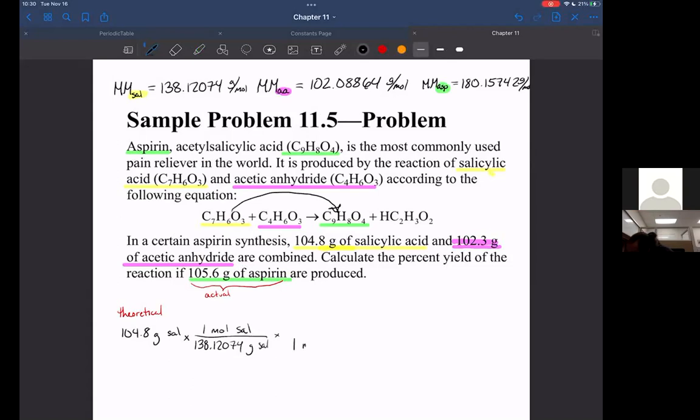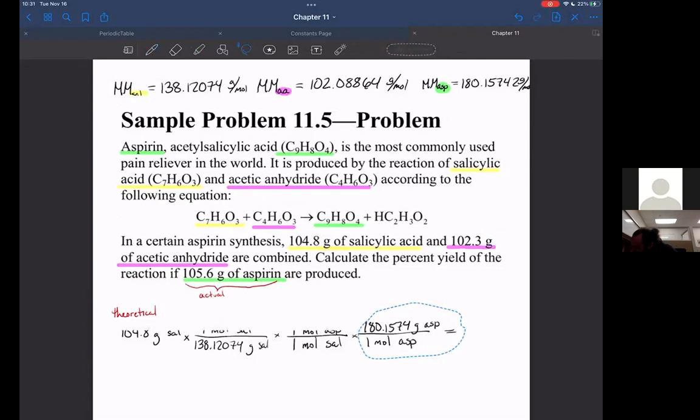So we have a 1-to-1 ratio. And then I'm going to have to compare it to my actual yield, which is in grams. So I'm going to need to make one more jump to get to grams of aspirin. Okay, punch that into the calculator.